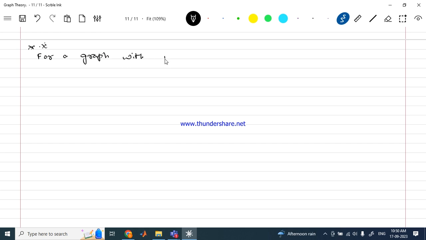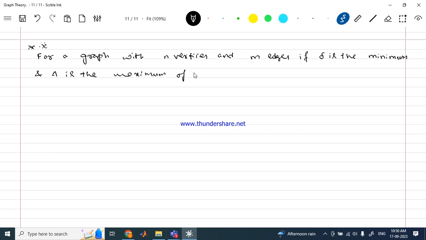For a graph with n vertices and m edges, if delta is the minimum and this capital delta is the maximum of the degrees of vertices, show that delta is less than or equal to 2m by n, which is less than or equal to capital delta. It's the simplest result which uses the handshaking property again.